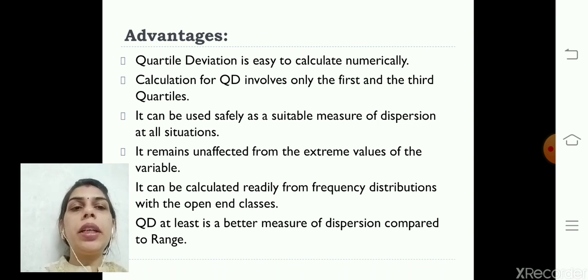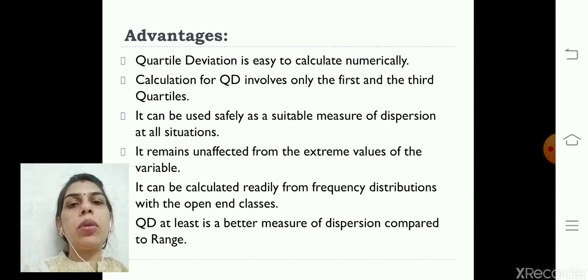It can be calculated readily from a frequency distribution with open end classes. Quartile deviation is at least a better measure of dispersion compared to range, because in range we measure the distance from the largest value to the smallest value, but in quartile deviation we can find out the deviation of the data from its mean value.